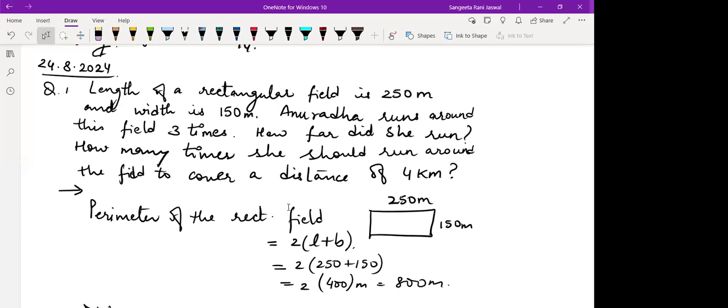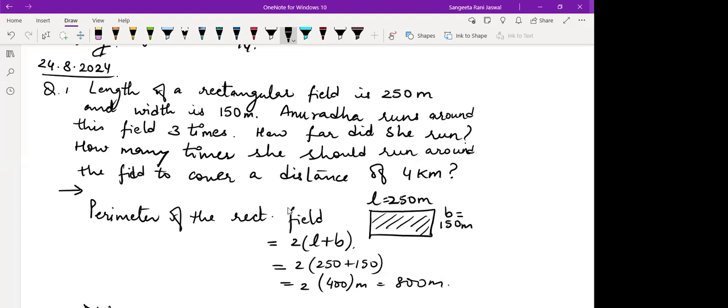See here, Bhavesh, in the question the length and breadth of the rectangular field is given to us. So this is the rectangular field we have made a picture of here. The length is given as 250, the breadth is given as 150 meters, right? Now Anuradha runs around this field 3 times. Taking 1 round of the field means what will you find out first?